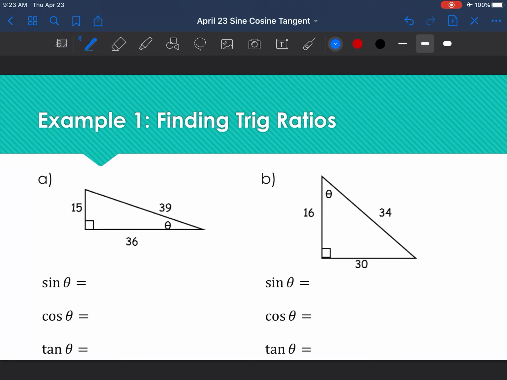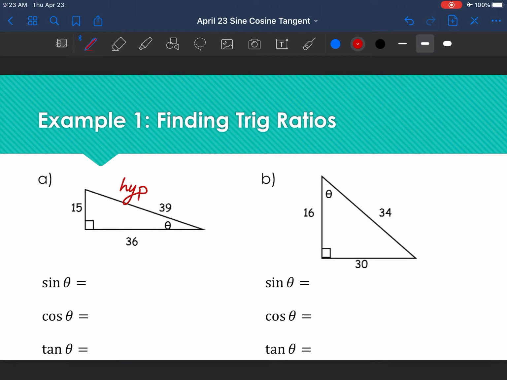Now, before you start, you need to label the three sides of the triangle. So start with the right angle, go across from that, and that would be your hypotenuse. Or just look at the longest side of the triangle. I'm going to abbreviate hypotenuse as HYP.